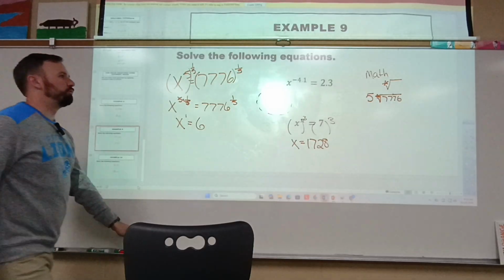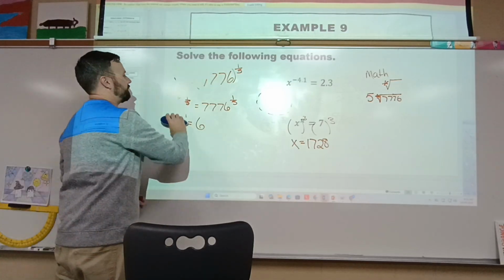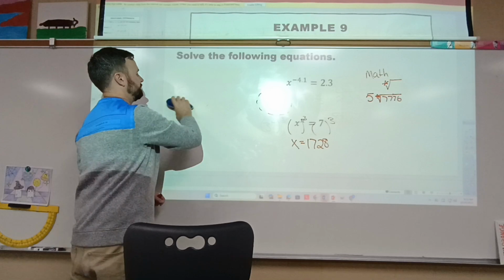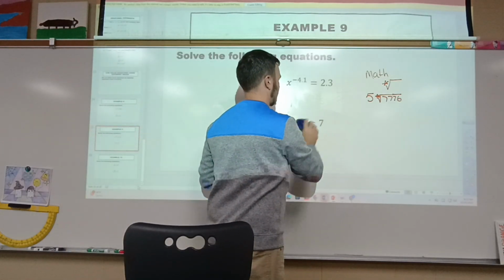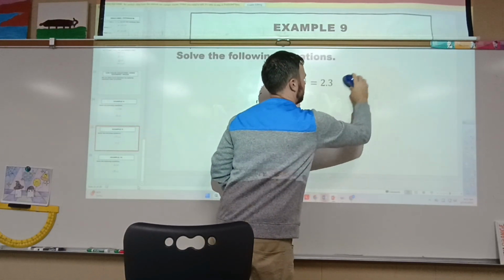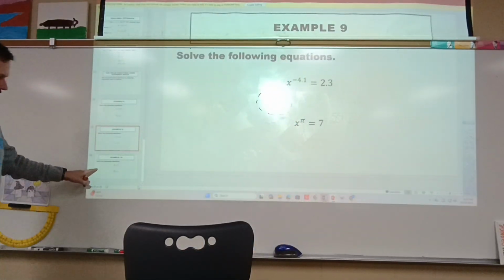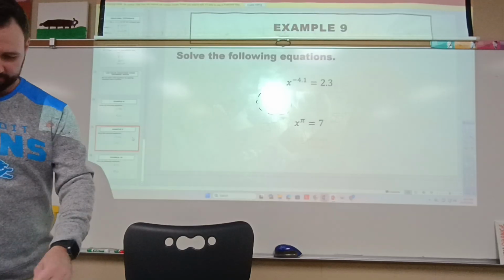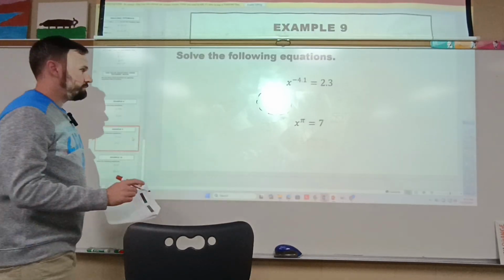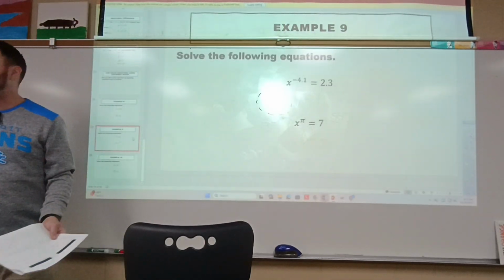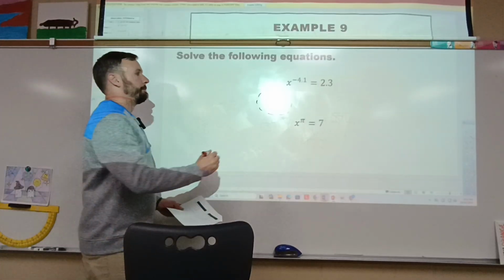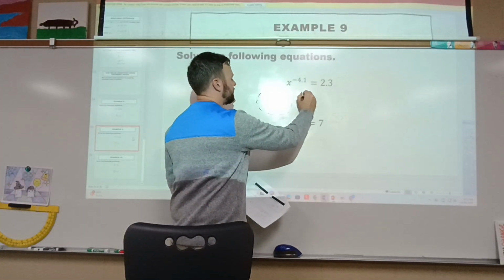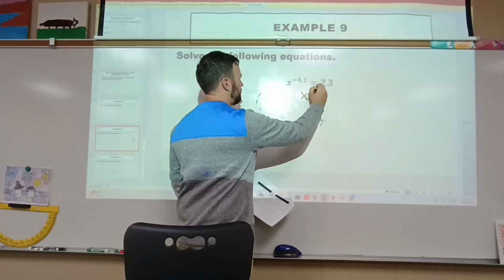But what do I do when there are wild numbers up there and I need to get rid of them? I think let's just skip the last example. What do I do to get rid of the wild numbers? Multiply by the reciprocal. So what do I do to both sides of this to get rid of negative 4.1?